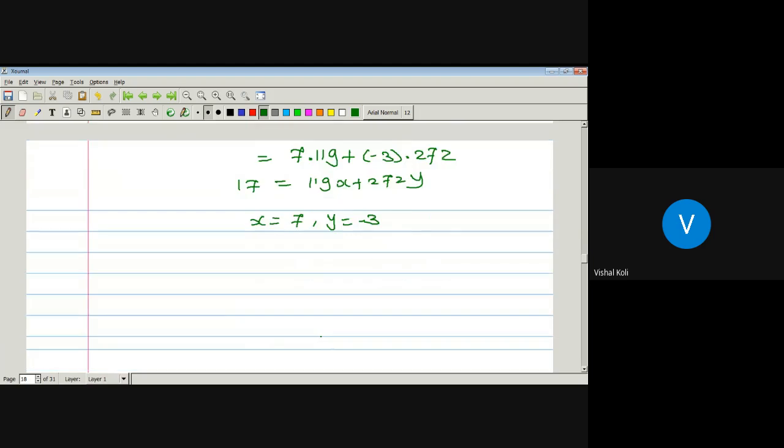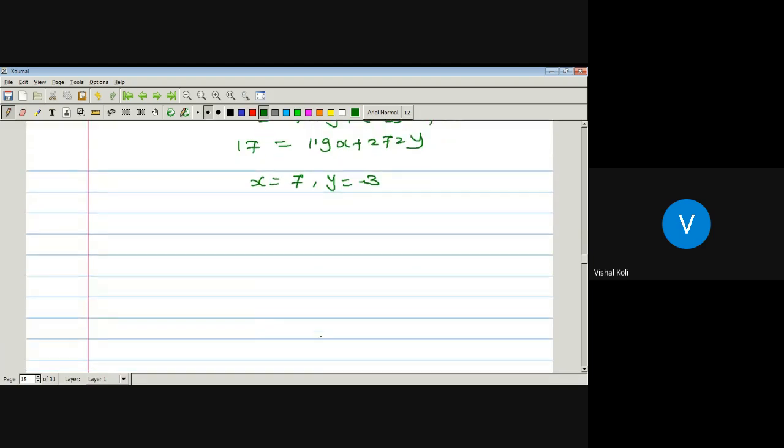Now, in the previous lecture, I think I gave one example for homework: we have to find the LCM of 119 and 272. How should we find it? Here we have to use the result that GCD of a and b into LCM of a and b is equal to a into b. So the LCM is a into b divided by the GCD.